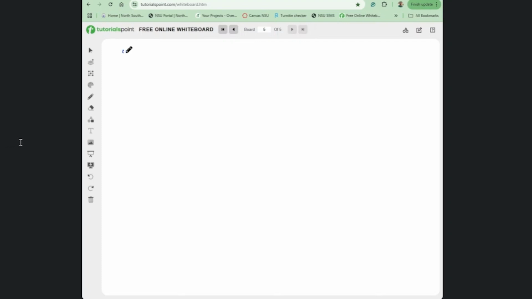So for number 5, we are given the integral of the function f(x, y, z) dS, where f of x, y, z is given by x minus y minus z, and sigma is given by x plus y equals 1, first octant between z equals 0 to 1.